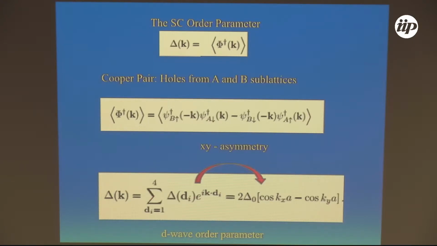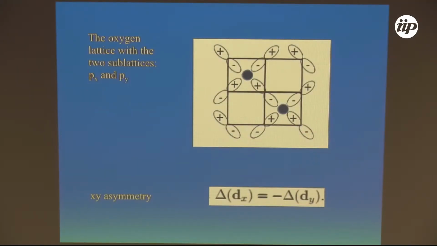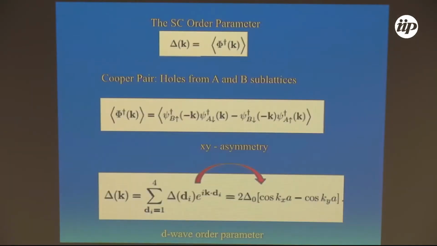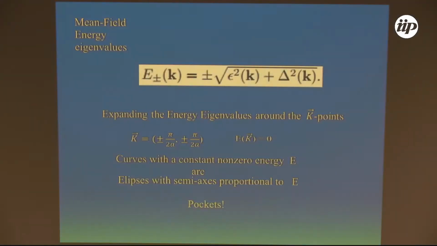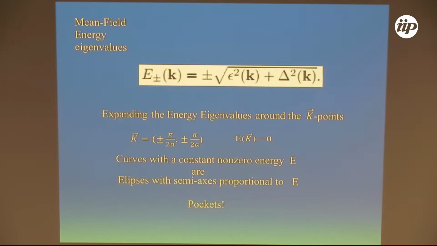And if we use this property, it's easy to show that delta of k has d-wave character, as the phenomenology indicates. So, okay, if you look at the eigenvalues of that Hamiltonian, mean-field eigenvalues in which we replace the Cooper pair, the Hubbard-Stratonovich field, by its mean value, we obtain these eigenvalues here.